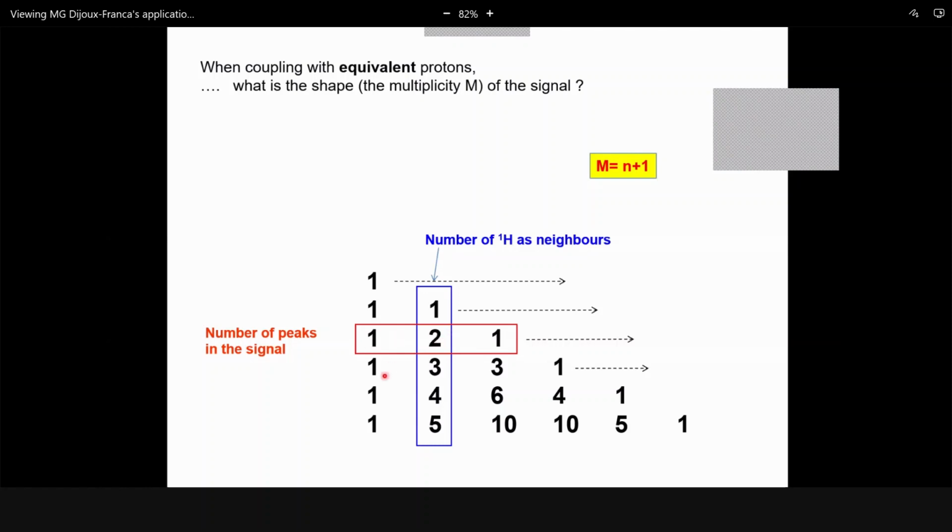If I have a quartet, now I have 4 lines, 1, 2, 3, 4. And the proportion between the heights is 1 for the first line. That means it's small. In the middle, I have 2 lines that are 3 times higher than the first one.